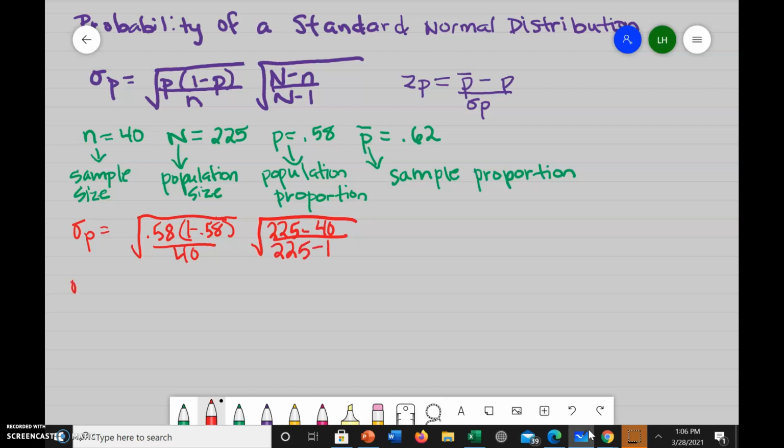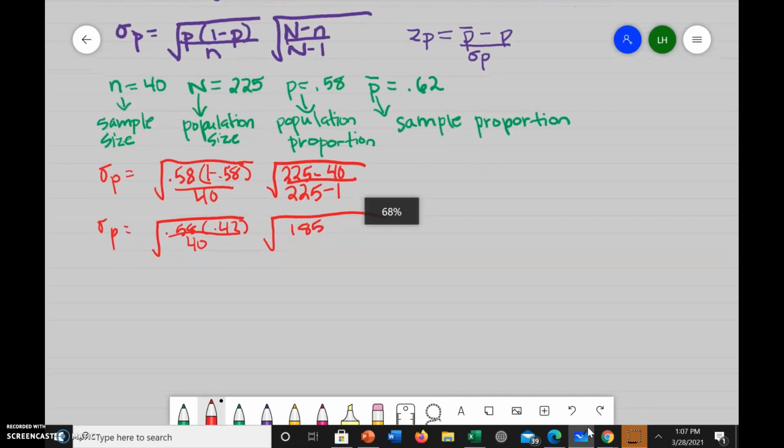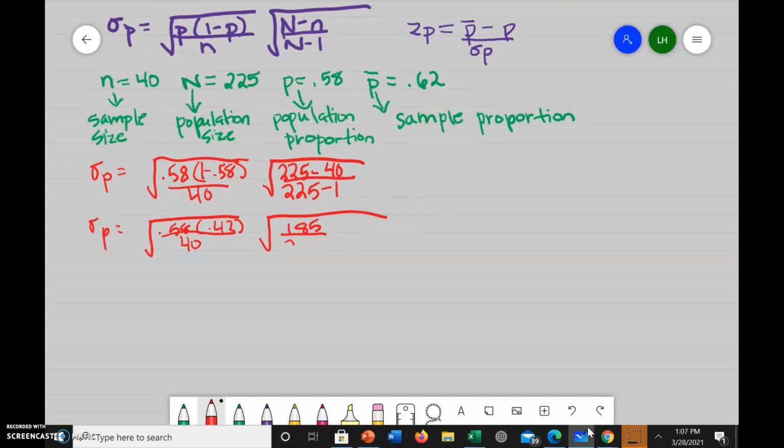So let's simplify this. We're going to do the square root of 0.58 times 0.42 over 40, times 185 over 224. So we're going to put all of that in our calculator before we round.